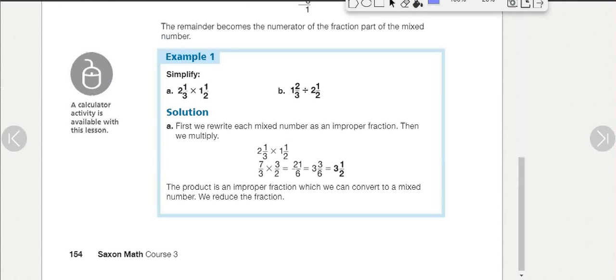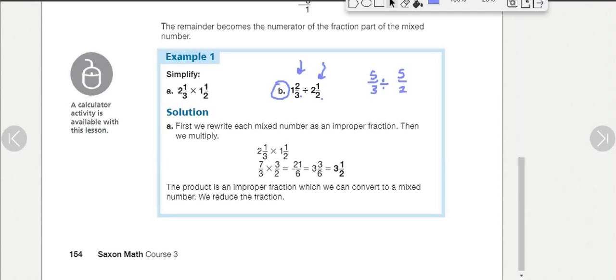Let's try letter B, because when we divide mixed numbers, first make this an improper fraction. 3 times 1 is 3, plus 2 is 5 over 3. First, let's write divide, and just do the converting of this first. 2 times 2 is 4, plus 1 is 5 over 2.